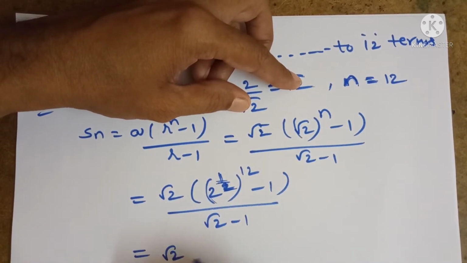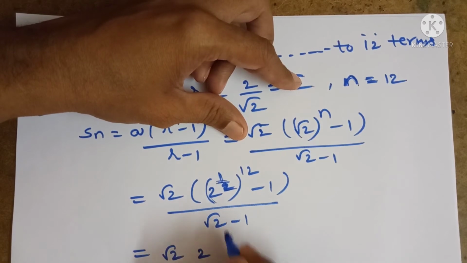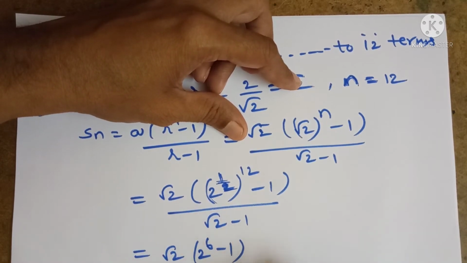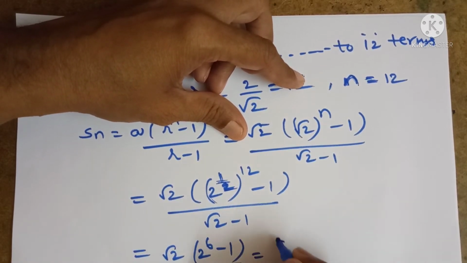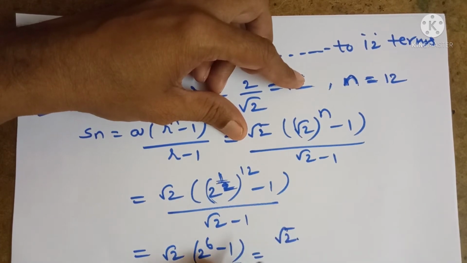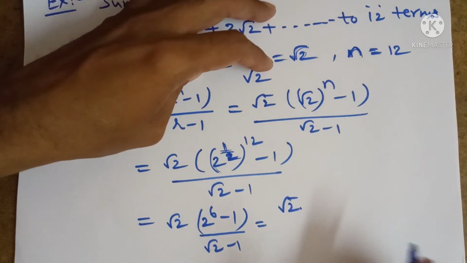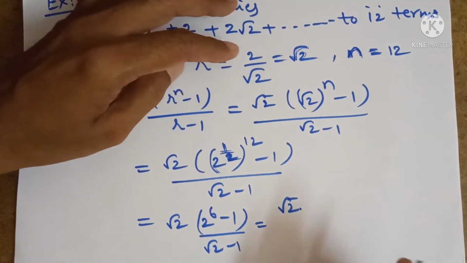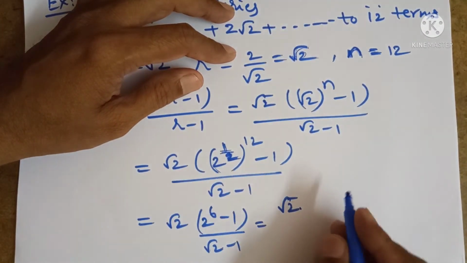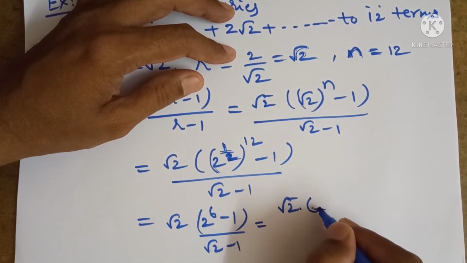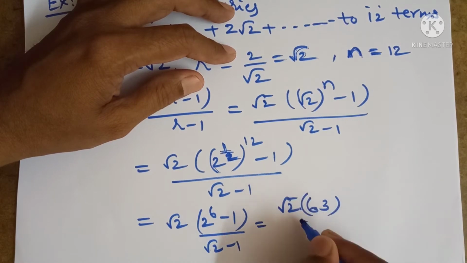This is equal to root 2 into 2 power 6 minus 1 by root 2 minus 1. 2 power 6 is 32 into 2, that means 64. 64 minus 1 is 63, by root 2 minus 1.